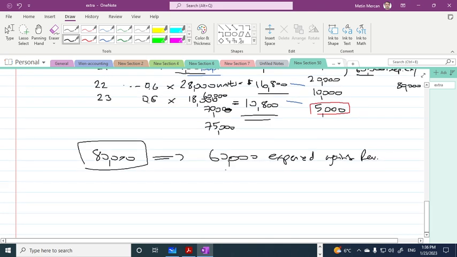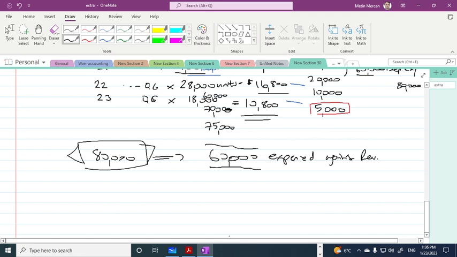So the company will pay less taxes and save more cash instead of paying tax. This is like an incentive for the company to recover their investment of $80,000 by paying less taxes.